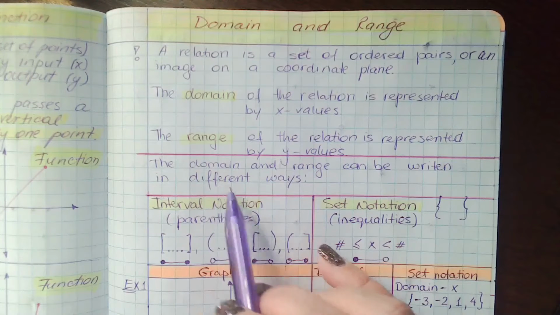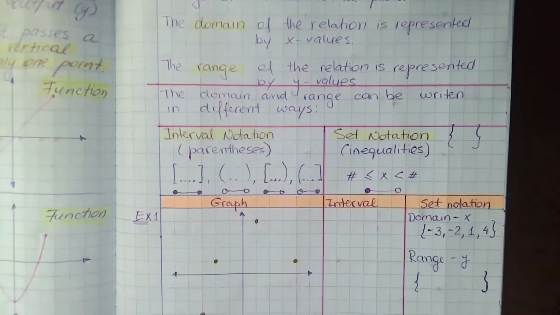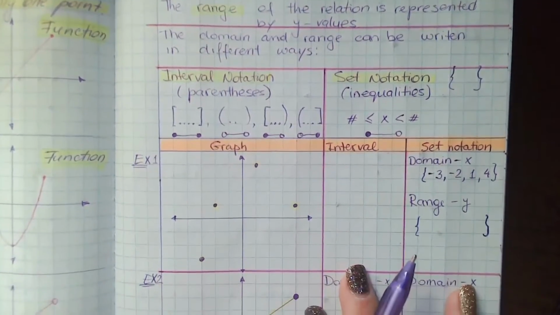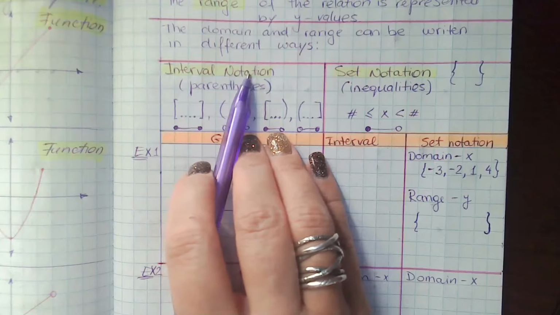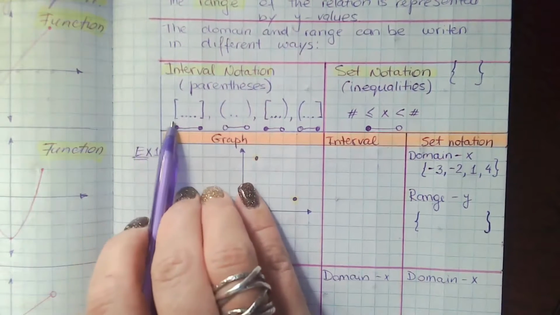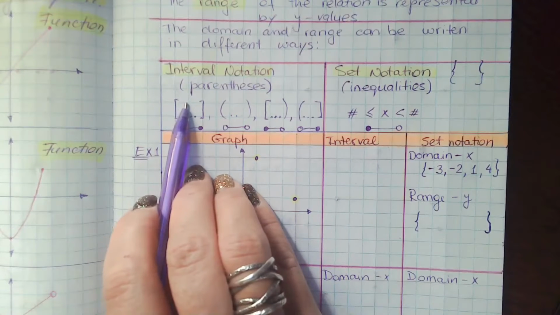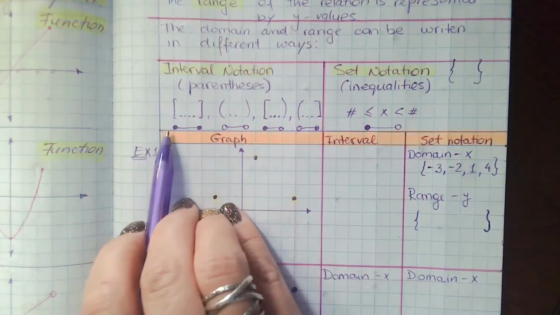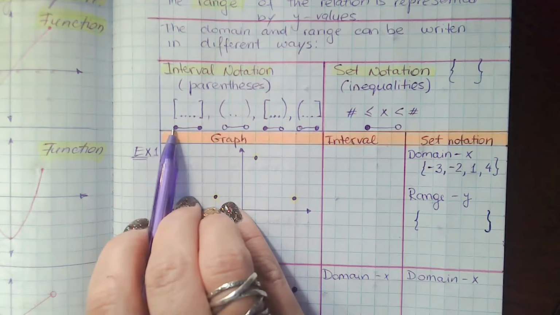Domain and range can be written in different ways, so the notation can be different. Interval notation is showing intervals from one number to another, and there are different types of brackets and parentheses. The brackets include the number, if it is a solid point to start with.